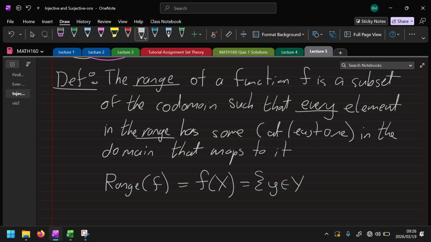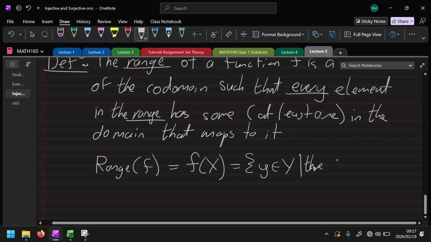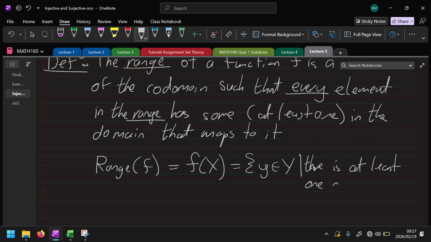such that, remember for the set builder notation, that was the vertical line, all the elements y in the codomain such that there is at least one element x in the domain for which f of x equals y.